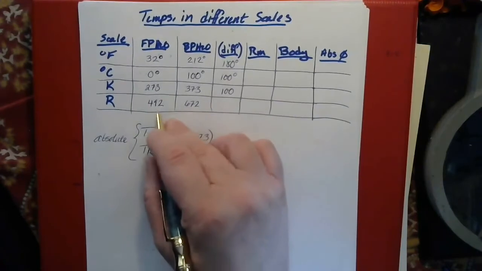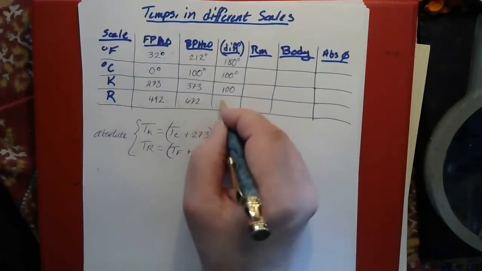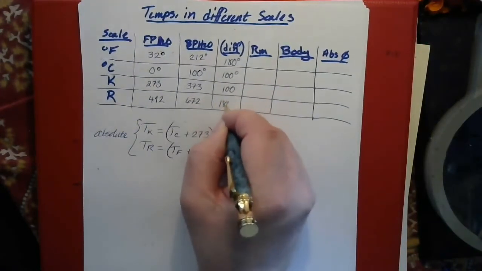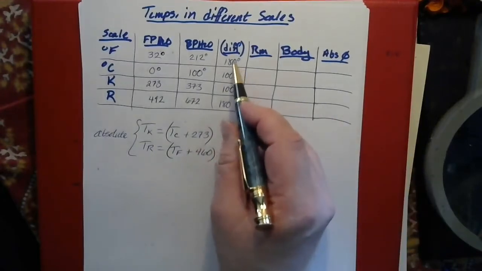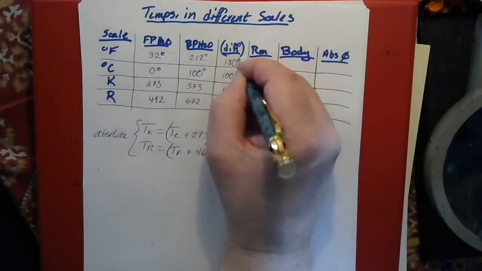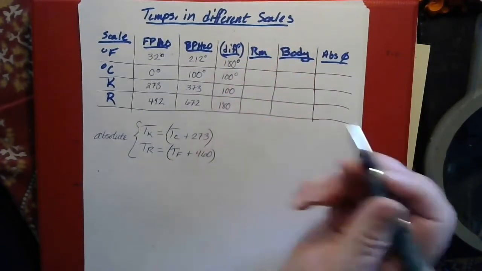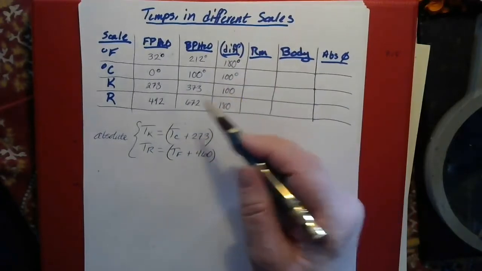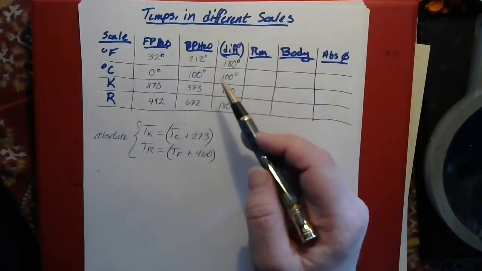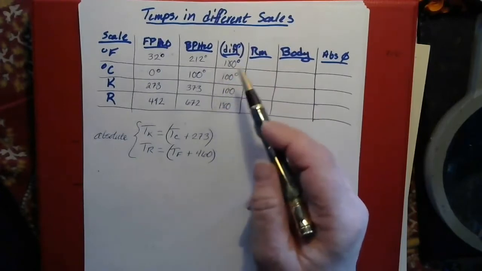The difference between 672 and 492, though, is 180. And that's the same as the difference in Fahrenheit. And that makes sense because Rankine is just Fahrenheit plus a number, and Kelvin is just Celsius plus a number. So the differences actually should be the same in Kelvin and Celsius and in Rankine and Fahrenheit.